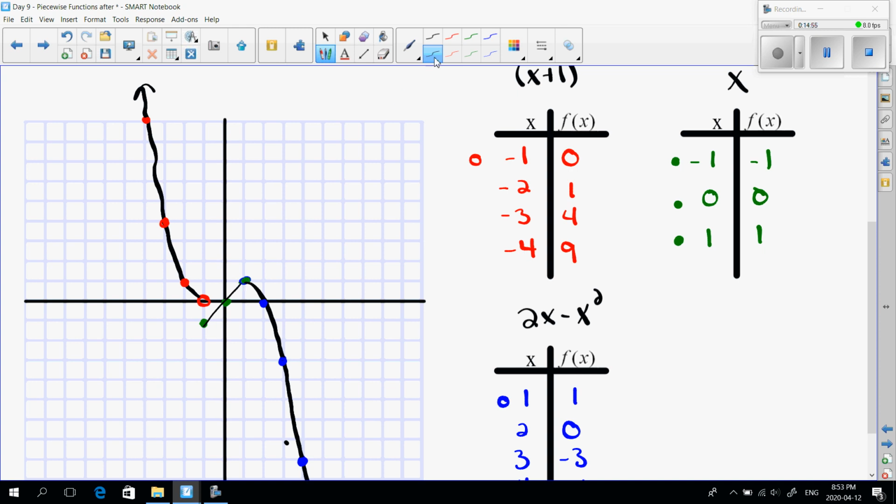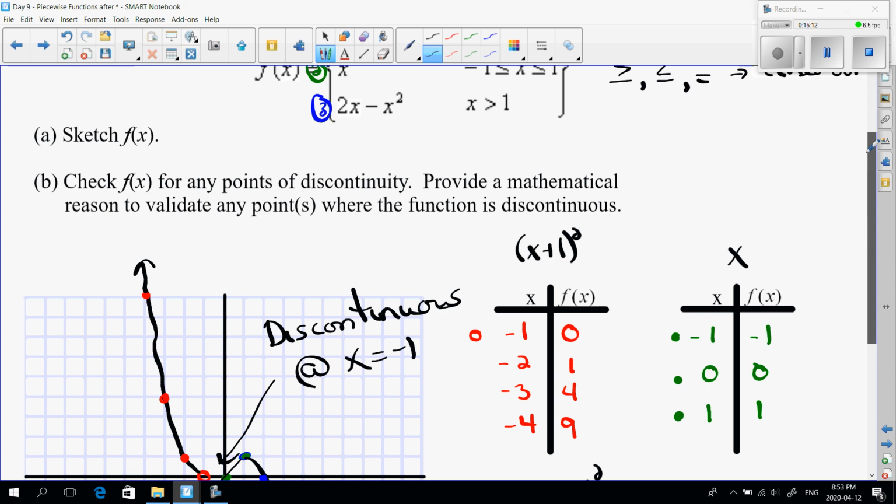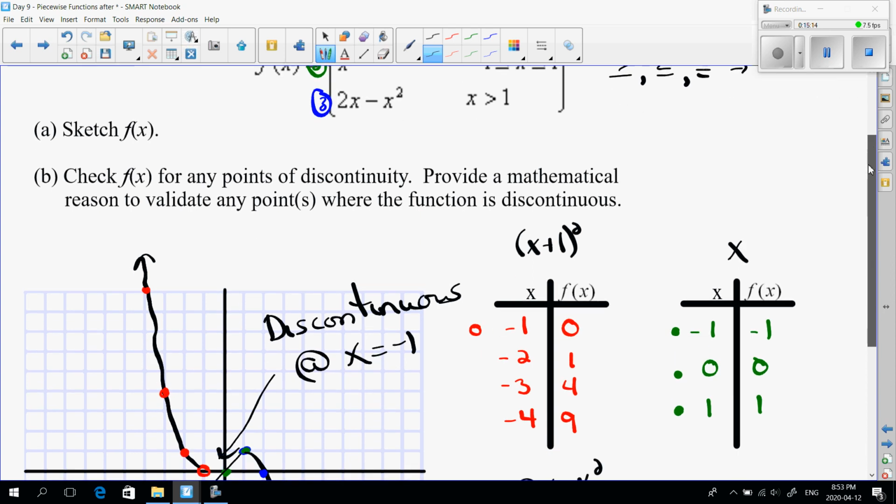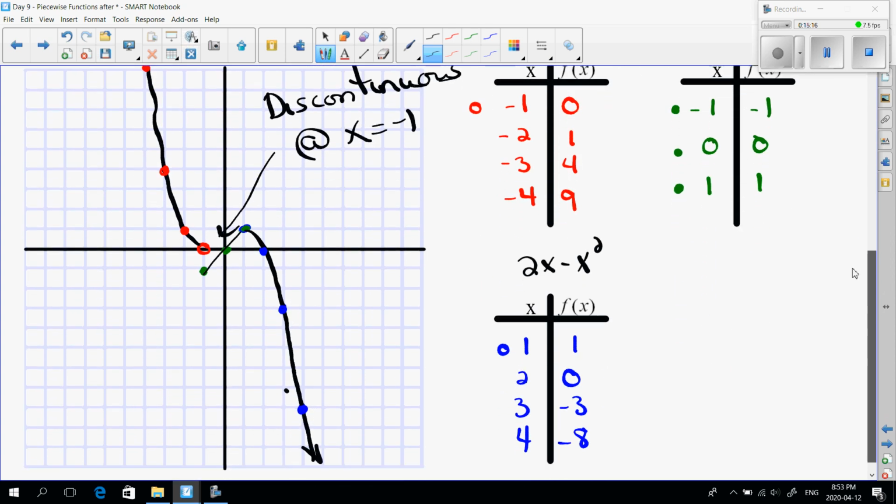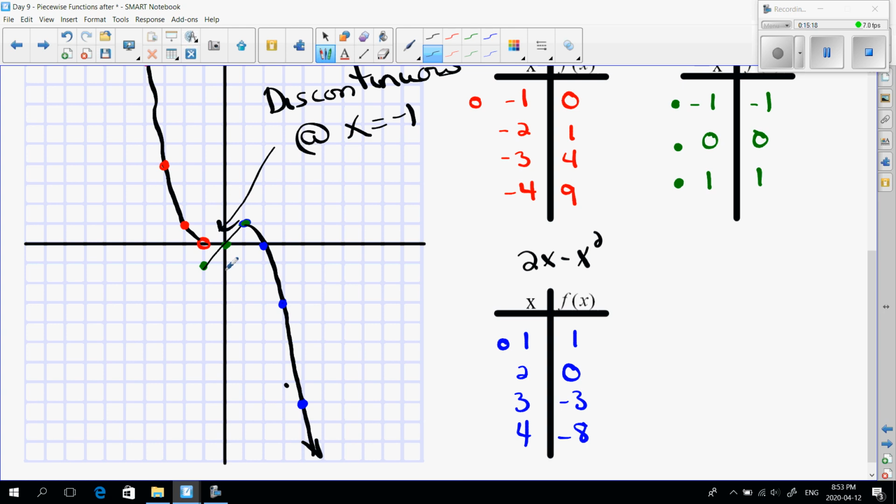So where did I do that? I did that at an x value of -1, okay? 1 unit to the left. So the function is discontinuous at x equals -1. Why is it discontinuous at x equals -1? Well, let's remember our rules for continuity, okay?